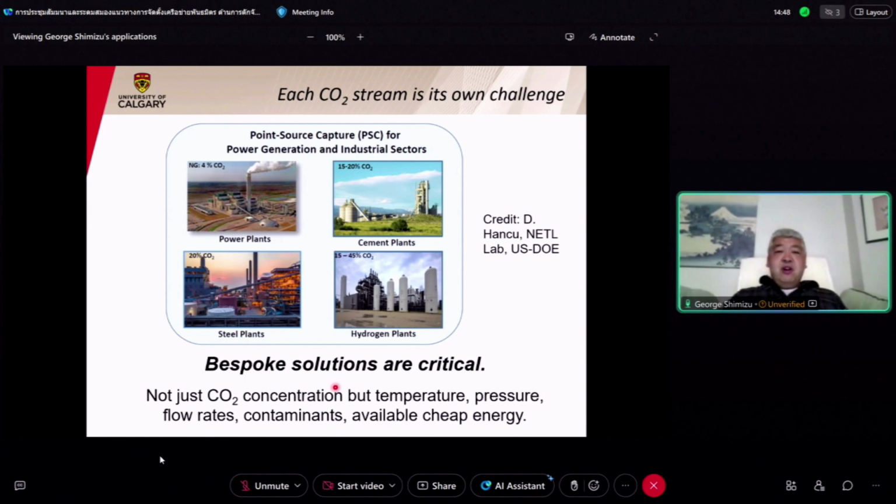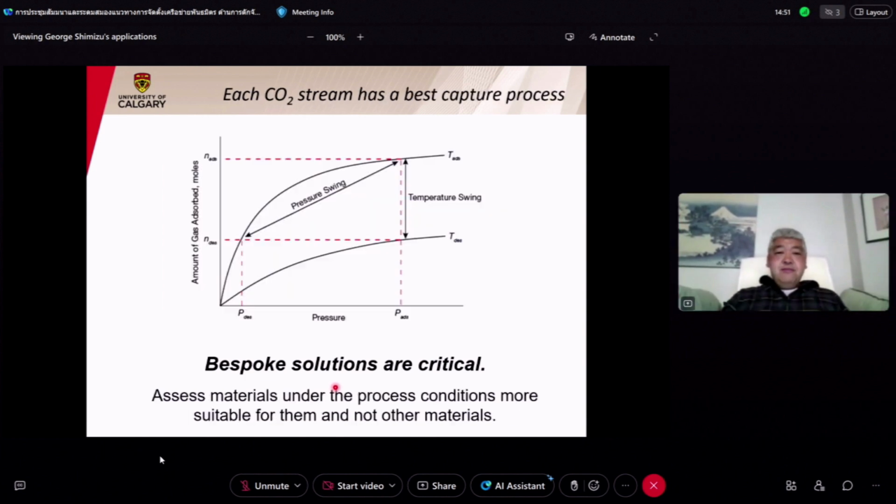All of this should be factored in to optimize. When I say each process, it has its own optimal considerations.